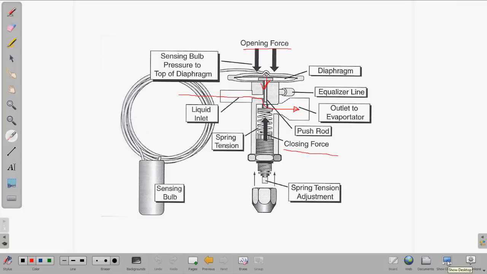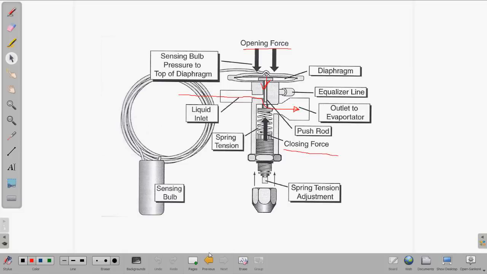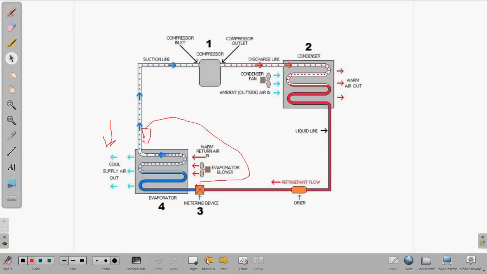Okay, let's take a look. Let's go back and take a look at what happens with an overcharged system that has a TXV. Okay, overcharged system with the TXV.